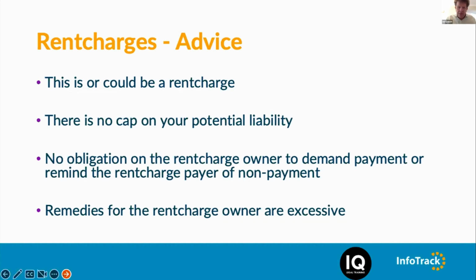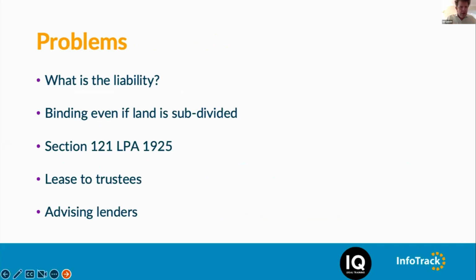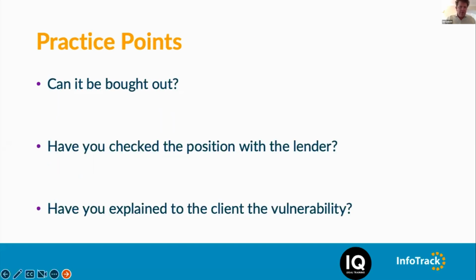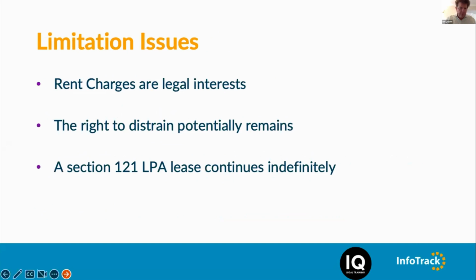The government have said and have mooted legislation to afford freeholders the same protection as leaseholders with regard to this type of payment, but as yet that isn't in law. So there are problems with regard to rent charges, and you've got to advise lenders of that fact. So we've covered those points off, so we needn't worry about that.